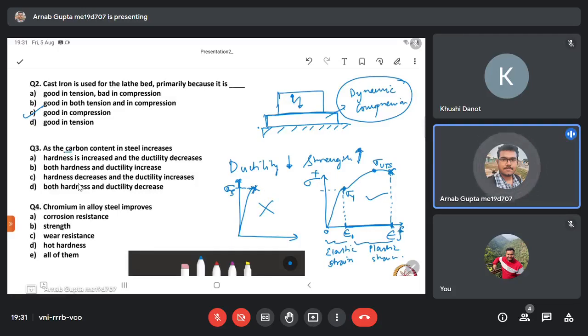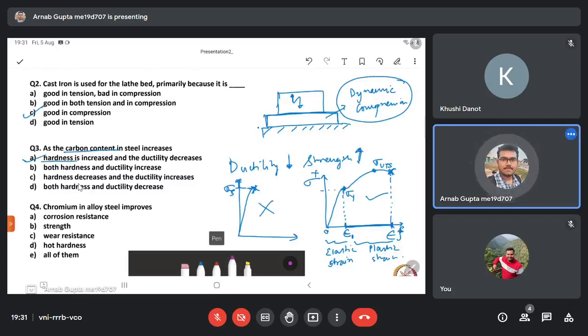So as carbon content increases in the steel, hardness is increased and ductility decreases. Okay. By the way, the property they have used in the options is hardness. Strength also increases, but talking about hardness: what is hardness?